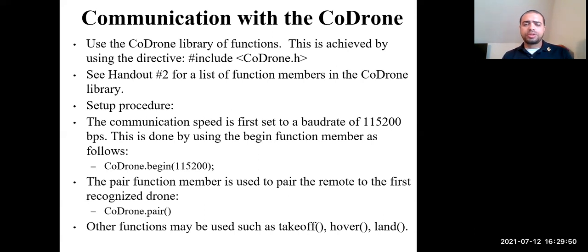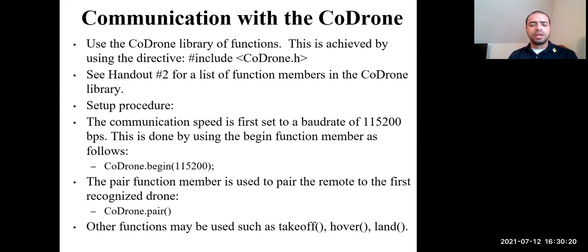Setup procedure: the communication speed is first set to a baud rate of 115,200 bits per second. This is one of the first things that we need to do, is to set up the baud rate. The baud rate means the communication speed. It's a serial communication, so it's going to send bit by bit, right? So the speed of communication is going to be 115,200 bits per second. Now this is the speed of communication for the Bluetooth, by the way.